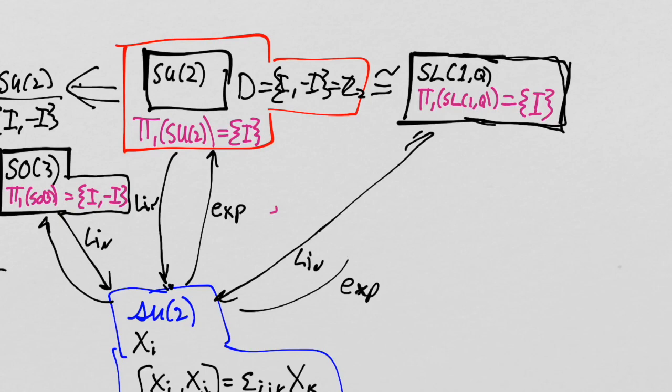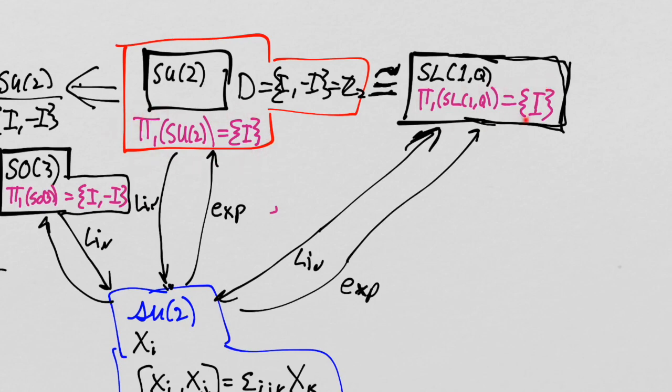And because of that, SL1Q and SU2 are isomorphic. They're in one-to-one correspondence as groups and as topological spaces. Now, the fact that they're homeomorphic as topological spaces is not proven just because they both are simply connected.